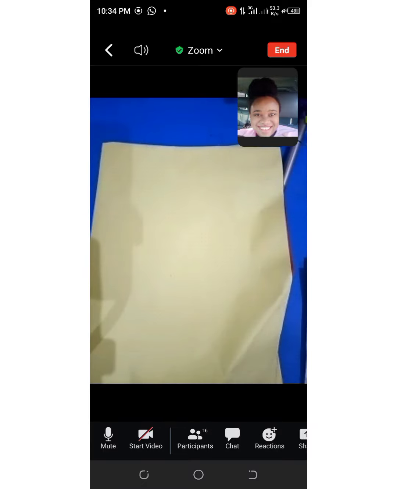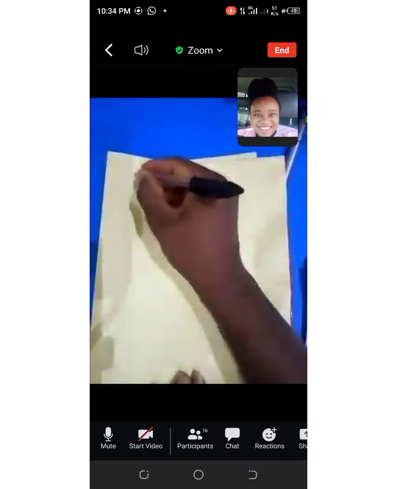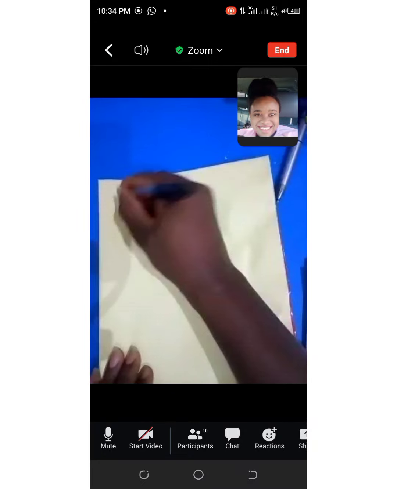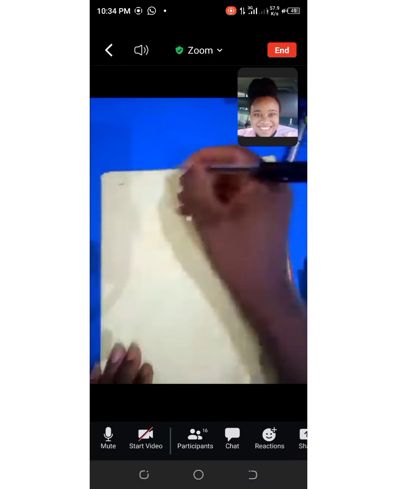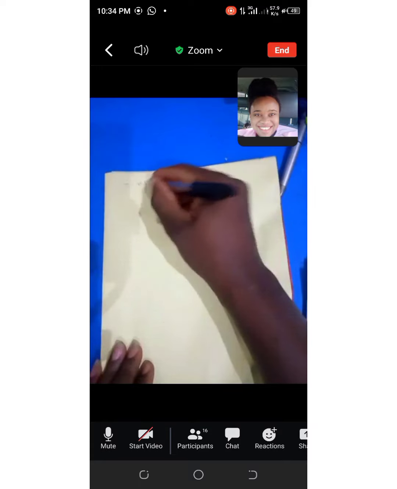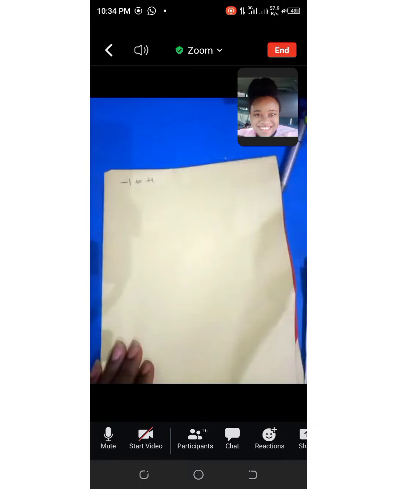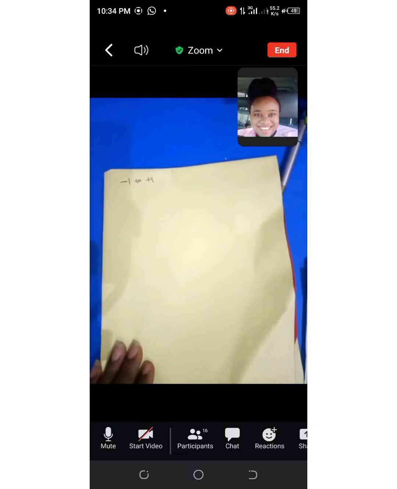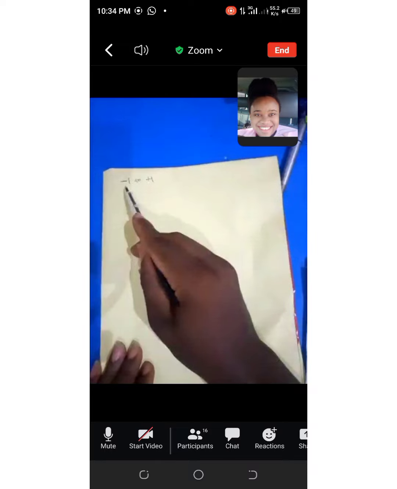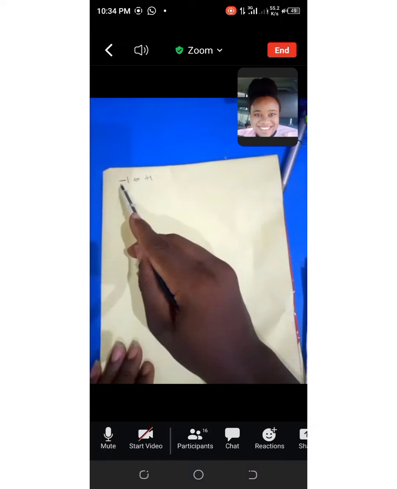So in correlation, it has values that range from -1 to +1. So these are the correlation values. So the -1 tells us that there is a negative relationship.